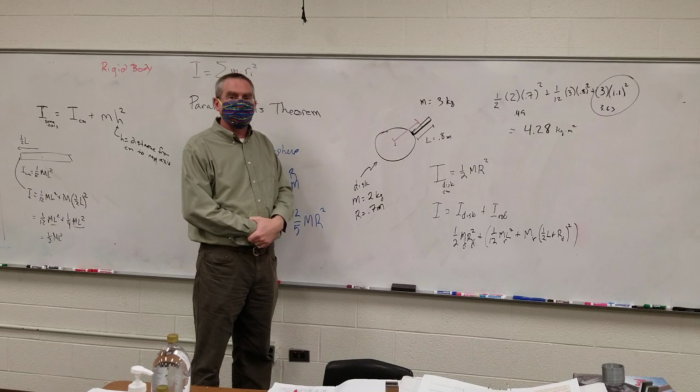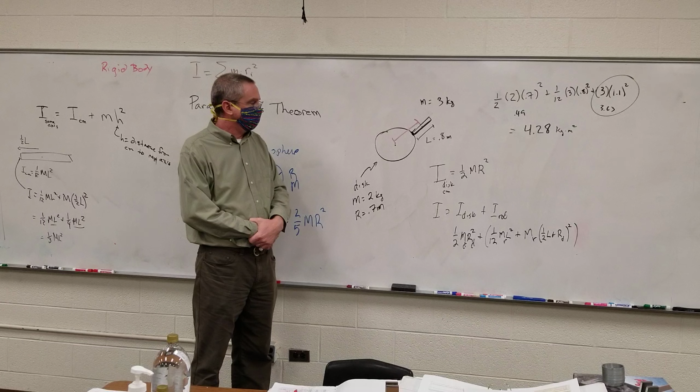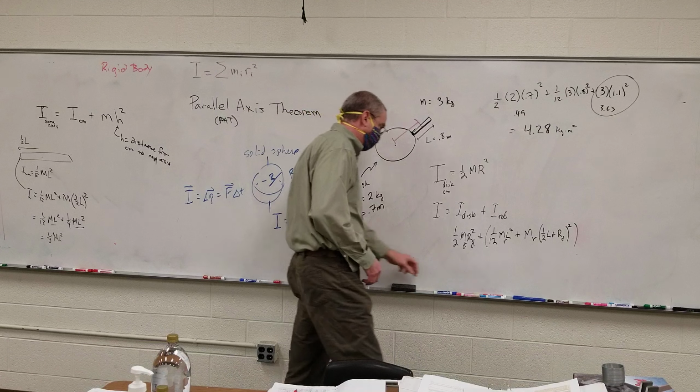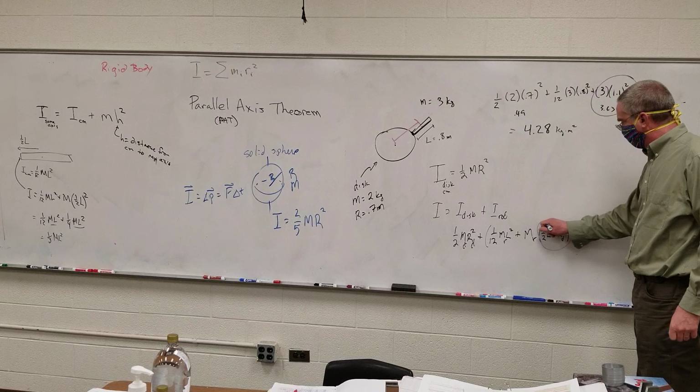I don't see where you did that, because I see half L plus RD squared, but is that the same as mh squared? Yeah, so h, this piece right here, that's h.